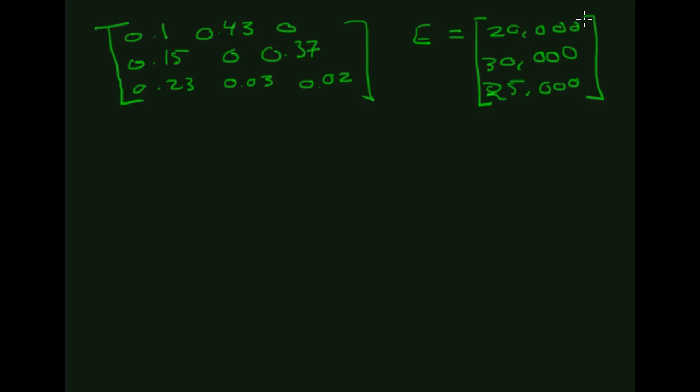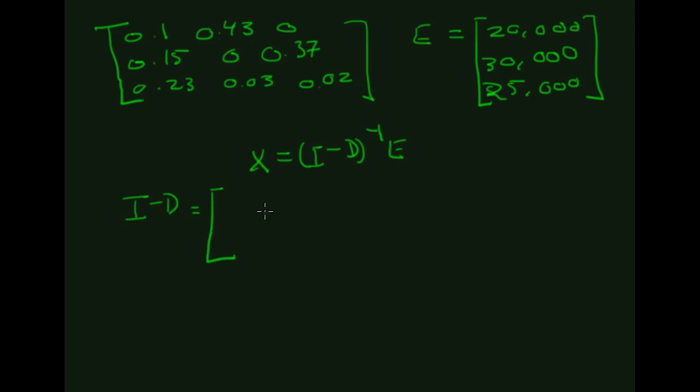And we just established using a little bit of algebra that x has to be the inverse of the identity minus d, times e.